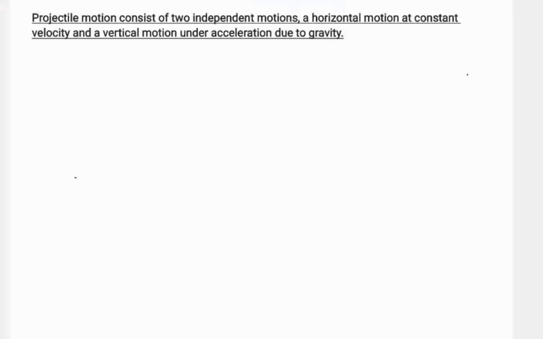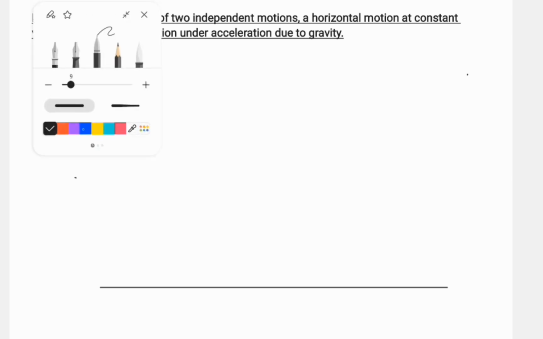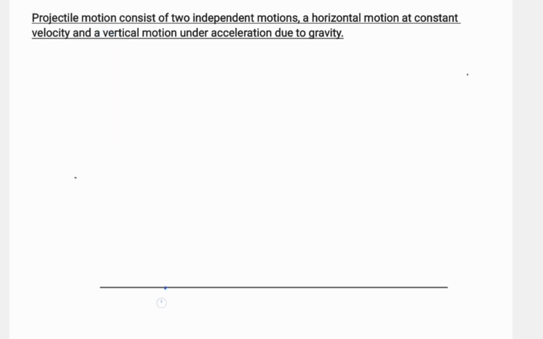Okay, now we will discuss the different parameters of projectile motion. For that, let us consider a flat surface. Here we have a point A. From point A, I have thrown a projectile which follows a curved path like this, at an angle of theta from the horizontal axis.